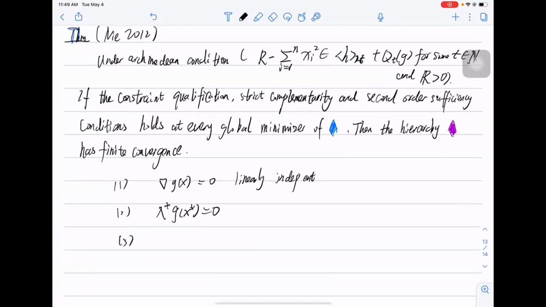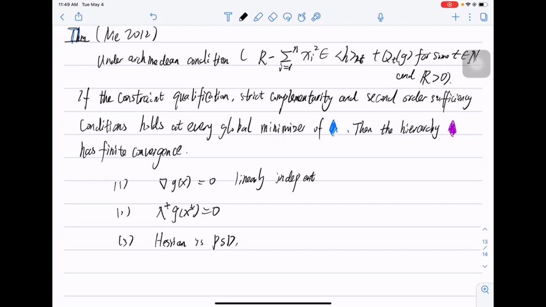And the second order sufficiency condition means the Hessian matrix is positive definite, something like that.